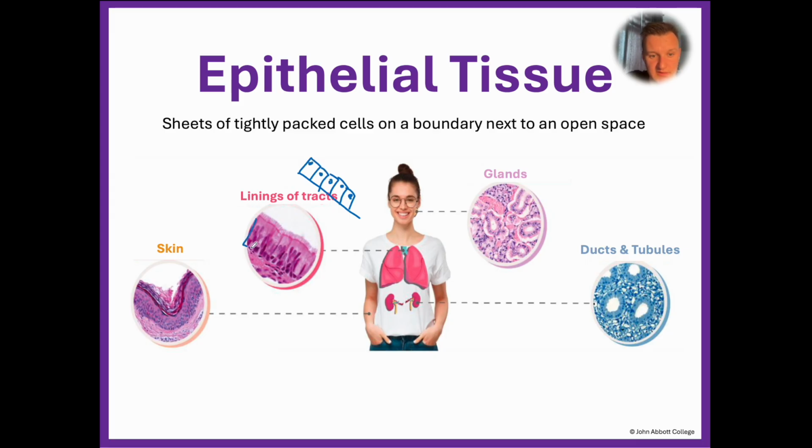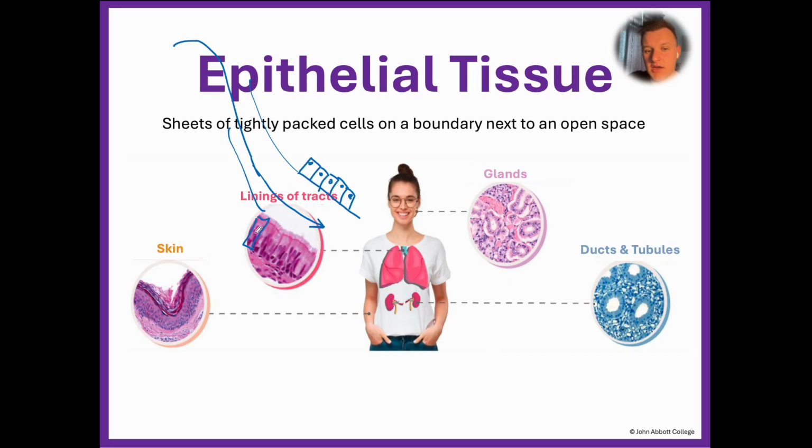These are the cells on this side. And over here in the middle is the open space that I talked about where air passes down. This comes from up in your mouth. You bring in air and it goes down into this region. Well, here you have these cells that are lining that tube, that tract.